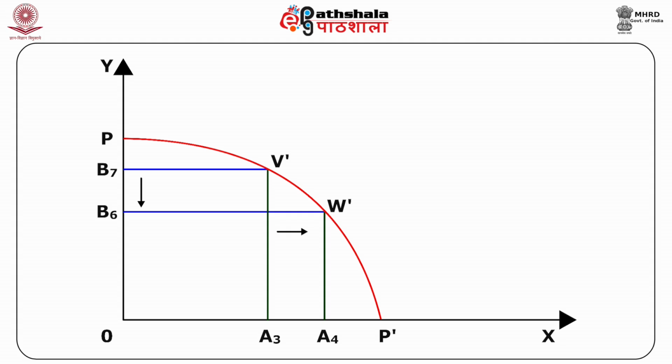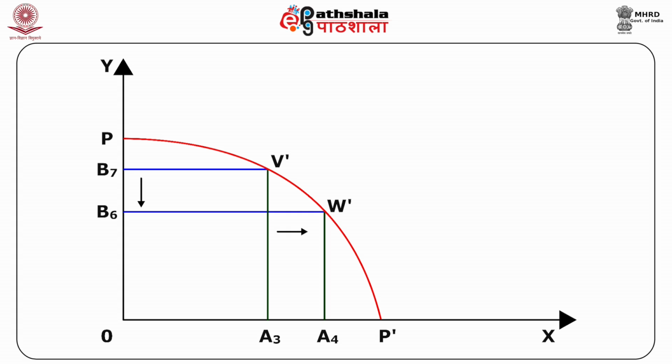However, because the resources are not uniformly productive when it comes to producing either X or Y, that is, we are considering the situation of increasing costs, what we find is that the relationship between the reduced production of Y on the y-axis from B7 to B6 does not lead to a linear increase in the production of X from A3 to A4. This is because of the convexity of the isoquants and because of increasing costs.